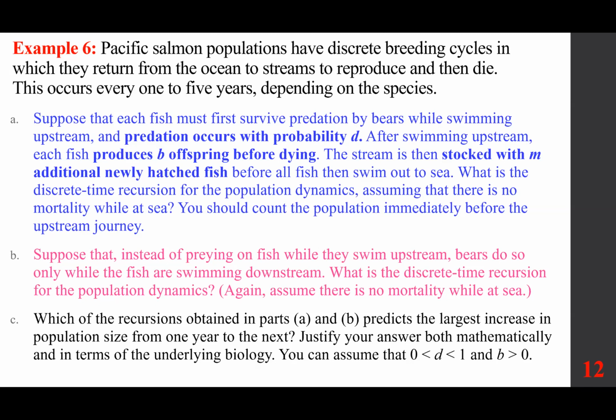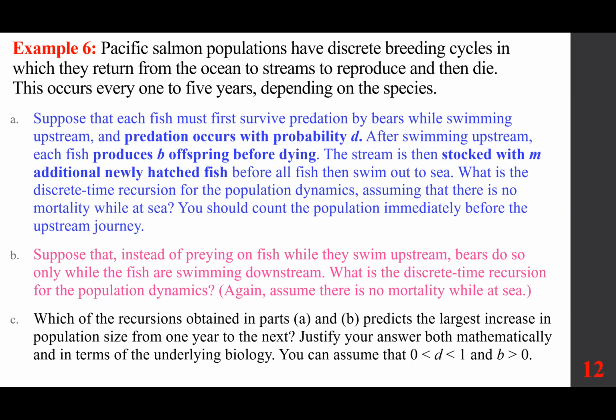The stream is then stocked with M additional newly hatched fish before all fish then swim out to sea. What is the discrete time recursion for the population dynamics, assuming that there is no mortality while at sea? You should count the population immediately before the upstream journey.